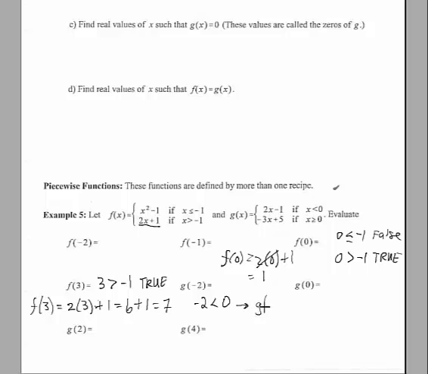So g of negative 2 equals, we go with the first expression, 2x minus 1. So we have 2, our x is negative 2, and then we subtract 1. Negative 2 times a positive 2 is negative 4, minus 1, negative 5. g of negative 2 is negative 5.